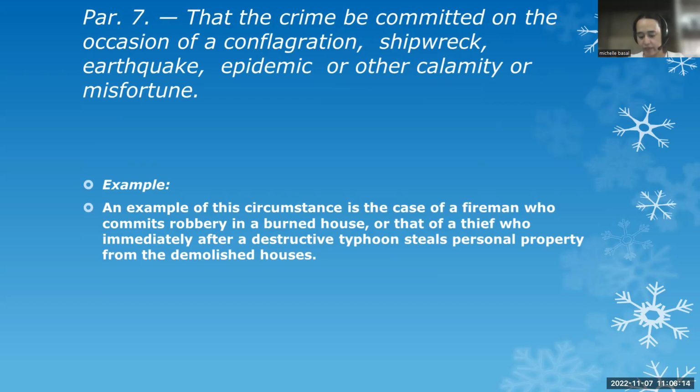But honestly, if those people were charged with theft, it would have been qualified, and the aggravating circumstance under paragraph 7 could apply because the crime was committed on the occasion of conflagration, shipwreck, earthquake, epidemic, or other calamity or misfortune. So that time it was a typhoon. So it was a calamity. Again, I'm not sure why Robinsons decided not to pursue that, but yes, it's still a crime. It only depends on whether someone files a case.